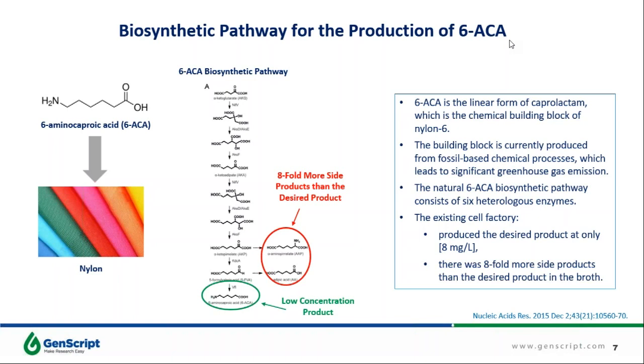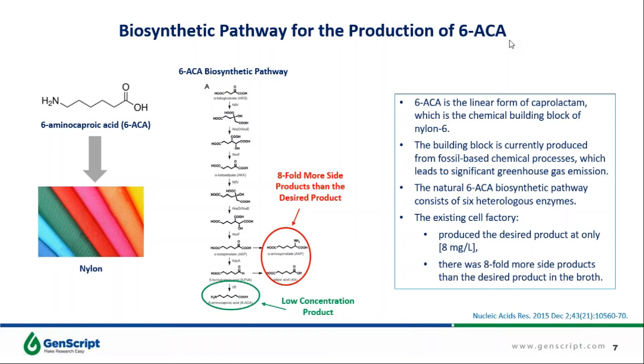Nylon is the most highly produced synthetic fiber in the world. This building block is now produced from fossil-based chemical process, which leads to significant greenhouse gas emission. So it is quite beneficial to use bio-based production, which is considered to be a sustainable and green process.